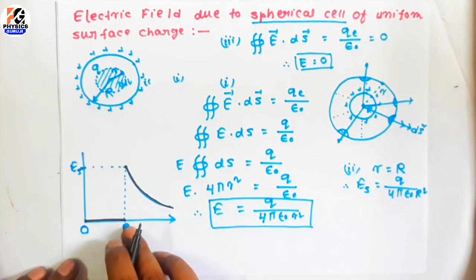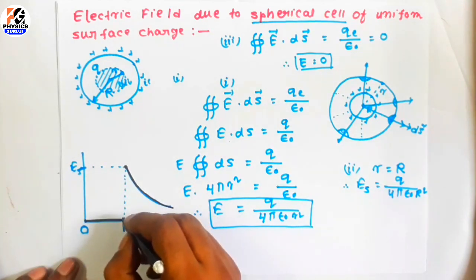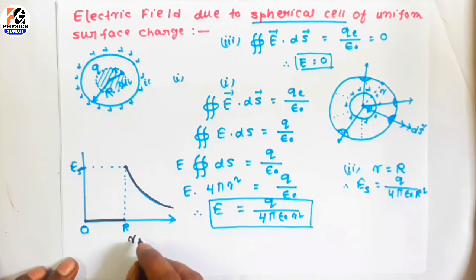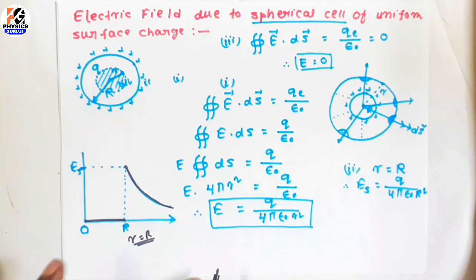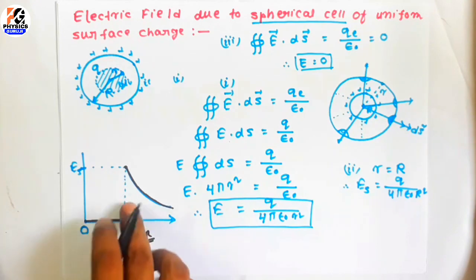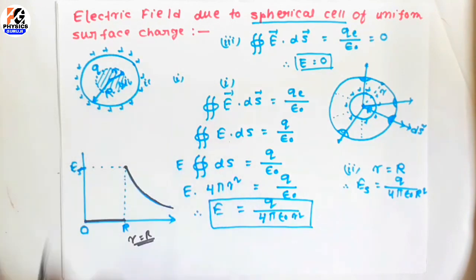So you can see that there is a discontinuity in the electric field inside and outside the surface, and the discontinuity occurs at r equal to R. So this is the variation of the electric field inside and outside the surface, and the maximum value of the electric field is on the surface.